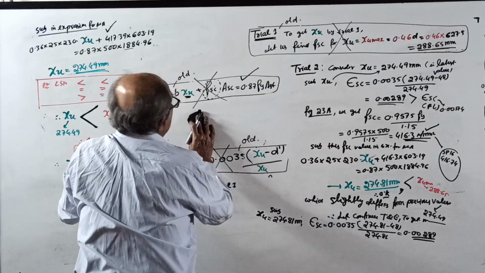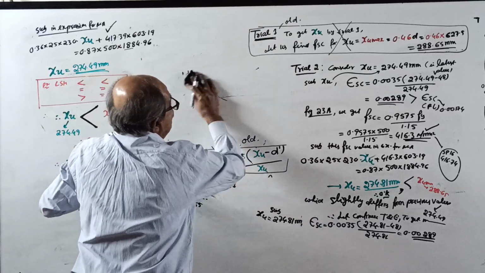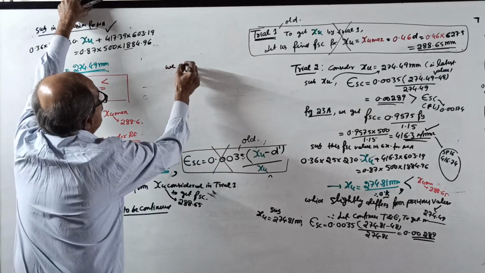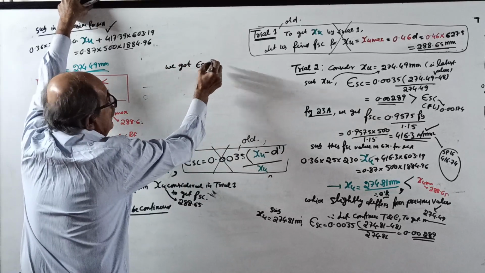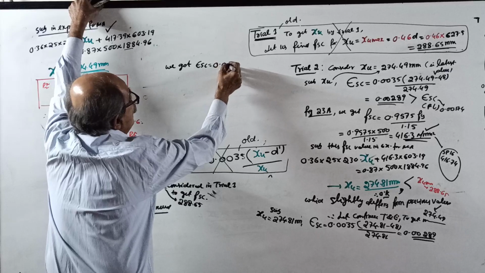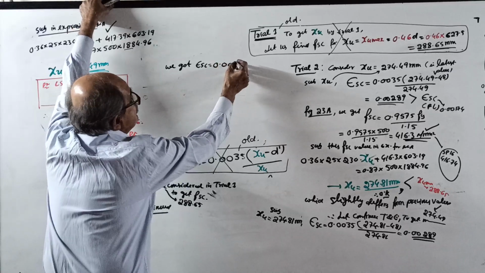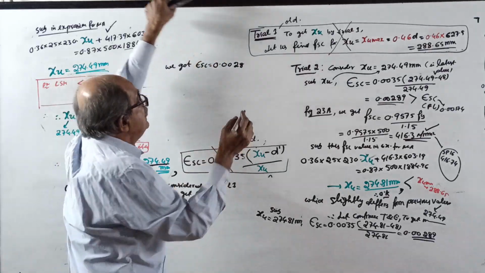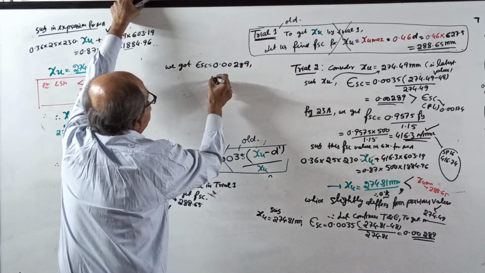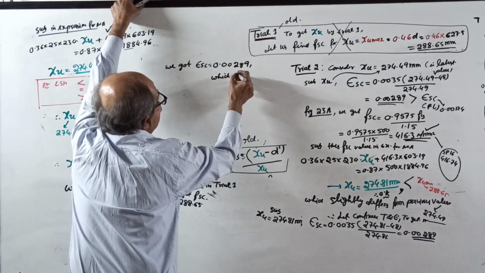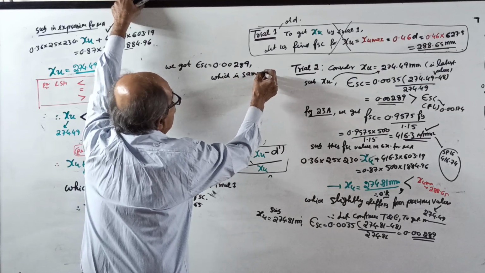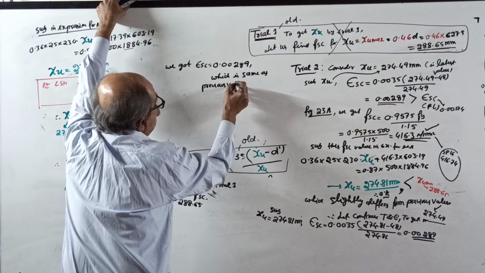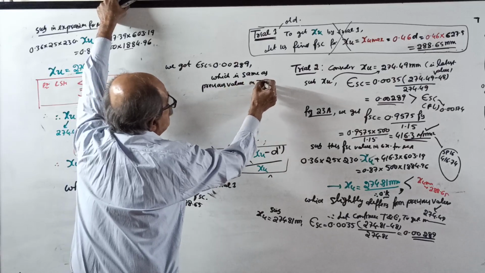Now see correctly. We got epsilon SC, 0.00, after 2 zeros, 3 decimals. Actually, it is 288 something, 289, which is same as previous value, that is in trial 2.